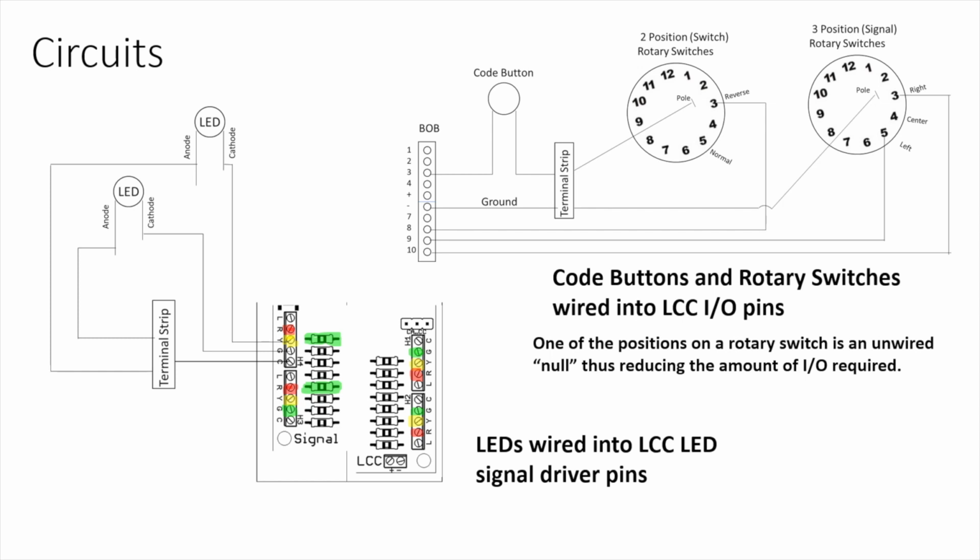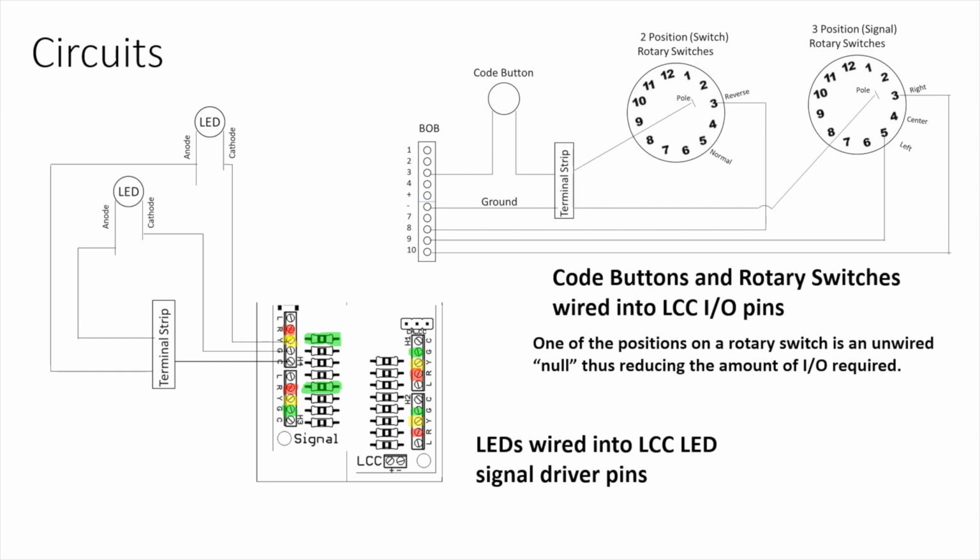As far as the rotary switches and the code buttons go, the code buttons are simpler. One end is tied into ground and one end is tied into one of the I/O pins on the LCC board. The rotary switches are similar. The common is tied into the ground, and then each position that is needed is tied into one of the I/O pins on the LCC board. The only thing of interest there is that we were able to cut back on the amount of wiring and the number of I/O drivers we needed on the boards by using a null position.